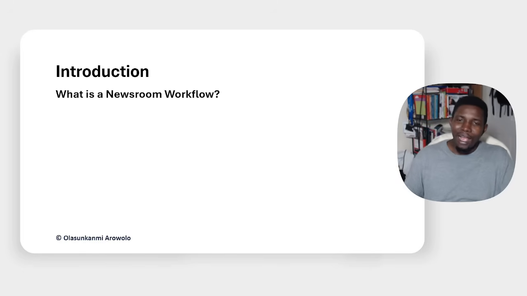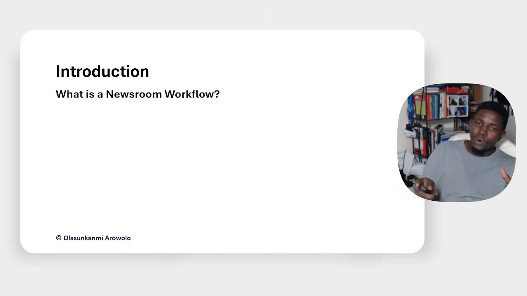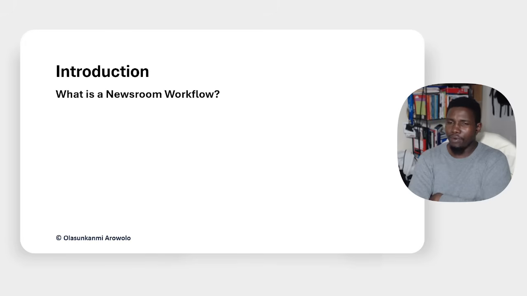Here's my face. I would like to ask you, think about this. Imagine that there is breaking news happening right now, right where you are. How does that information go from a reporter's notebook to your phone screen?